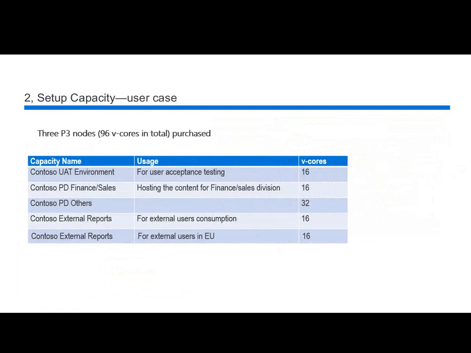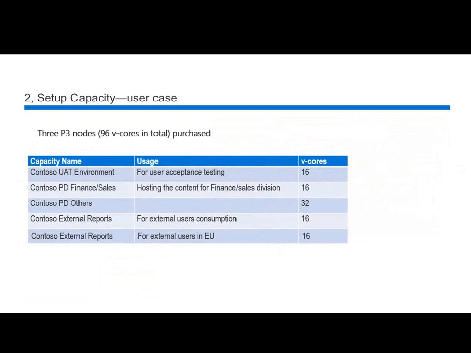After testing, he can promote to the production environment. Production is further split up by the finance and the sales department. They use 16 vCores, and for other divisions, they use the remainder. This is capacity. So he set up 5 capacities. Every capacity can host multiple workspaces.